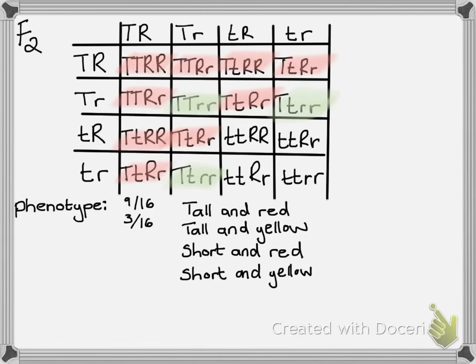Short and red means I'm going to need 2 small t's and at least 1 capital R. And so I've got 2 small t's here with a capital R, 2 small here with a capital R, and 2 small here with a capital R, which means I now have 3 out of 16 that are short and red. And that then leaves me with the very last option, which is short and yellow, and we only have 1 of those, and so that means we are going to have 1 out of 16.